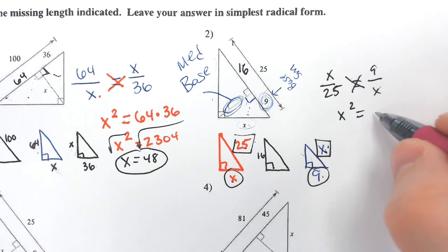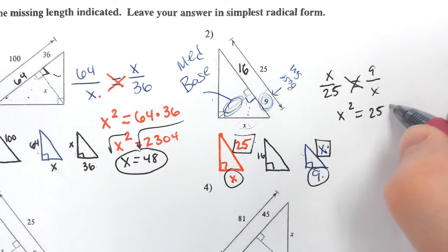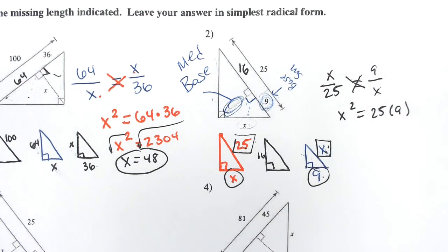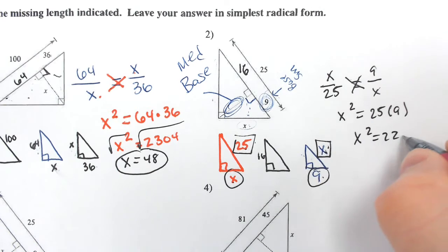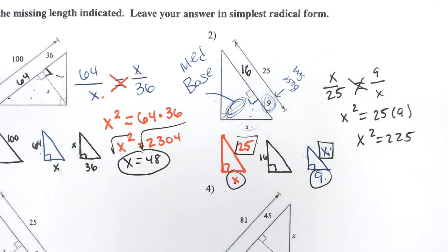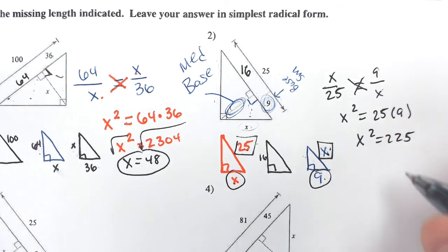Totally common. Would equal 25 times 9. 25 times 9, also a big number. X squared equals 225. And the square root of 225 is, I believe, 25. No, maybe not. Nope, it's 15. A little off.